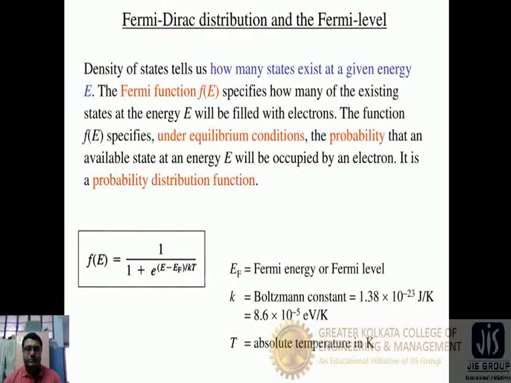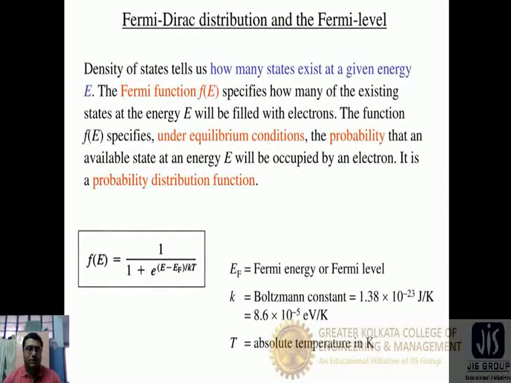We can express this Fermi level with the help of a mathematical representation. It is the expression of the Fermi level. Density of states tells us how many states exist at a given energy E. The Fermi function F(E) specifies how many of the existing states at energy E will be filled with electrons.